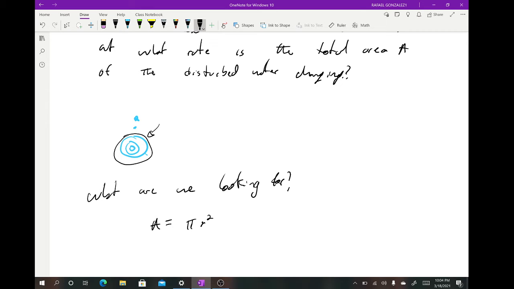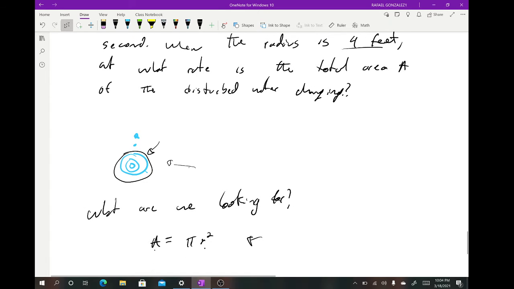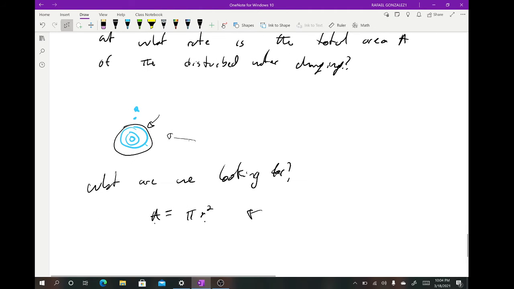So now we have an equation that relates radius to area, and it models what's happening here. If you pick any of these circles that get formed in the pond, all of them have a radius. And to find the area that they make at a particular point in time, we simply do pi r squared once we have the radius.